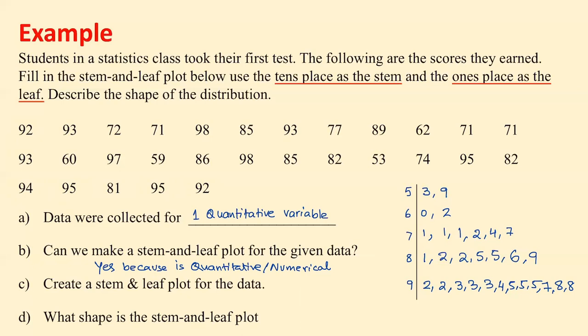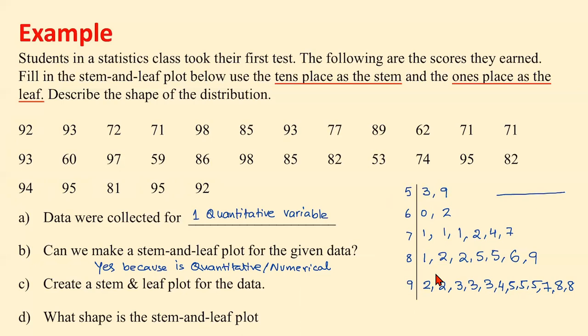And in part D, we are asked to talk about the shape of the stem and leaf plot. When you think of the shape, normally what we do is analyze it. For example, let me show you something.